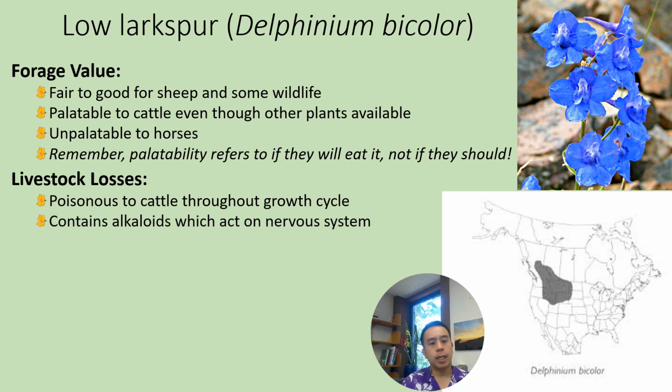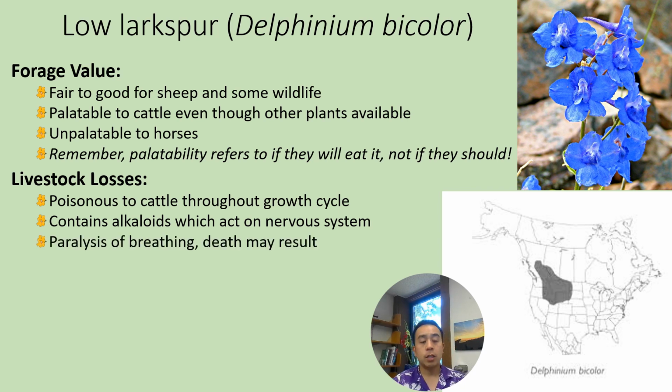That's because it contains different alkaloids that basically act on the nervous system, causing paralysis of breathing, and that could even cause death, for example. Eating low larkspur, Delphinium bicolor, can also cause bloat, and bloat is a form of indigestion marked by an excessive accumulation of gas in the rumen.